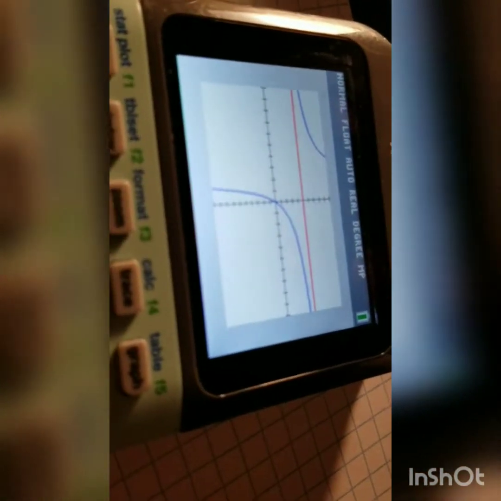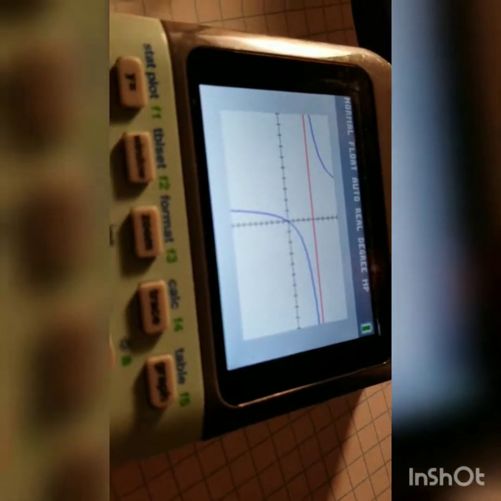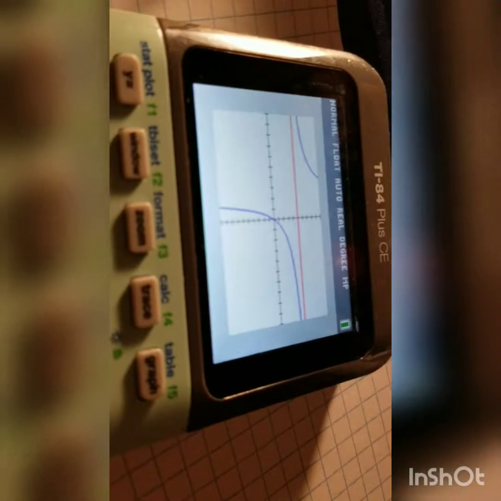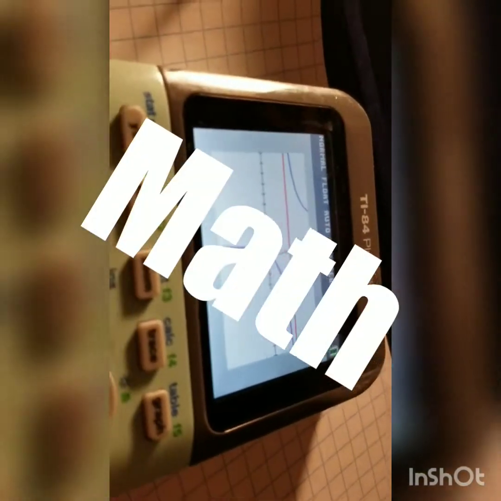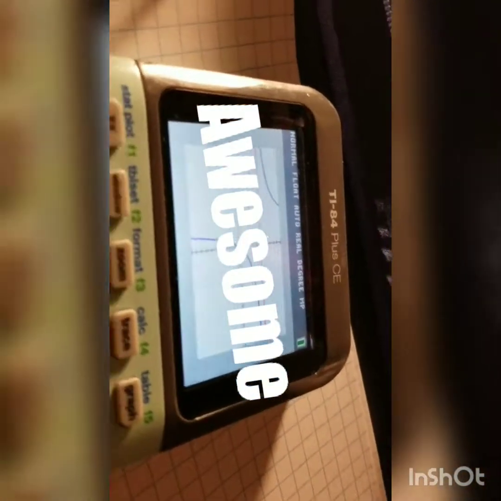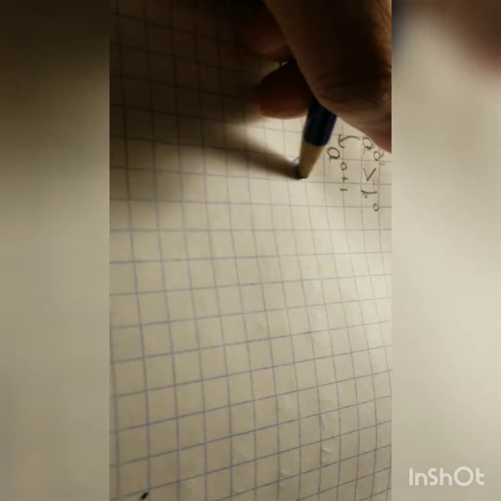It's gonna come close, but it's never gonna touch. That's math. So that's basically what happens when the degree of A is equal to the degree of B. Now on to the final one.